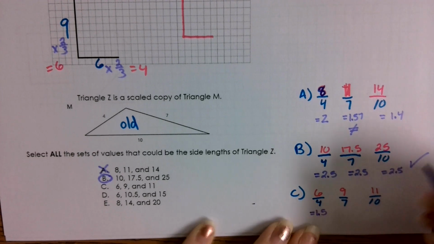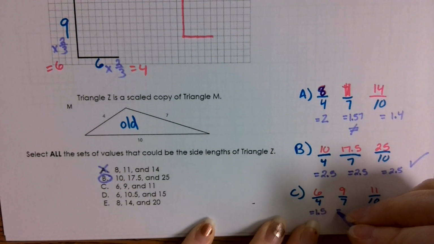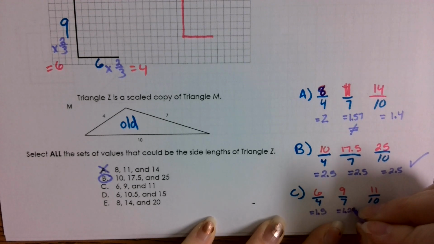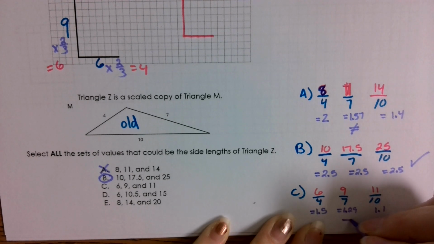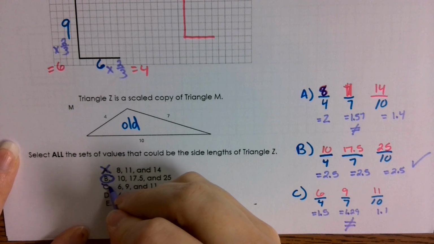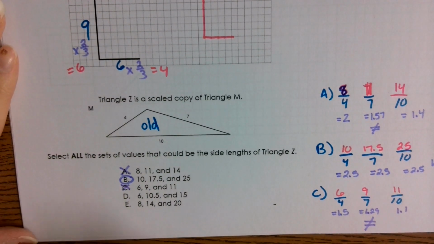But 9 divided by 7 is going to come out to 1.29. And then 11 divided by 10 comes out to 1.1. These are not equal to each other. Because they're not equal, it's not going to be a proper set. Okay, I'm going to move over to the side over here to do problem D.